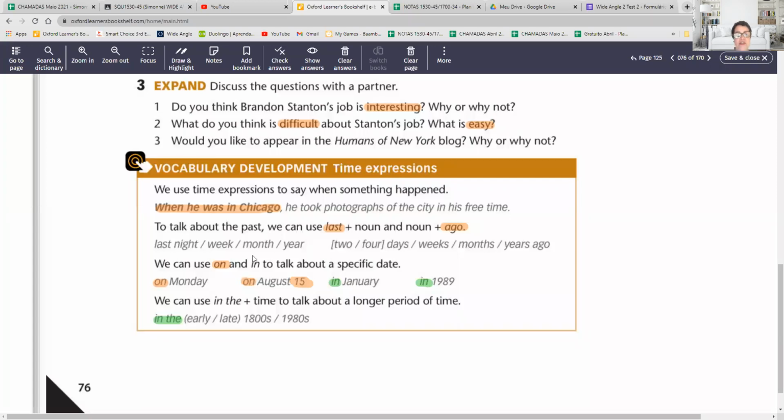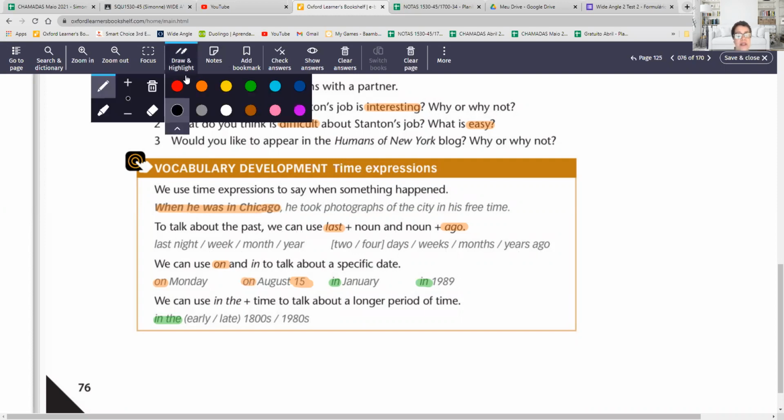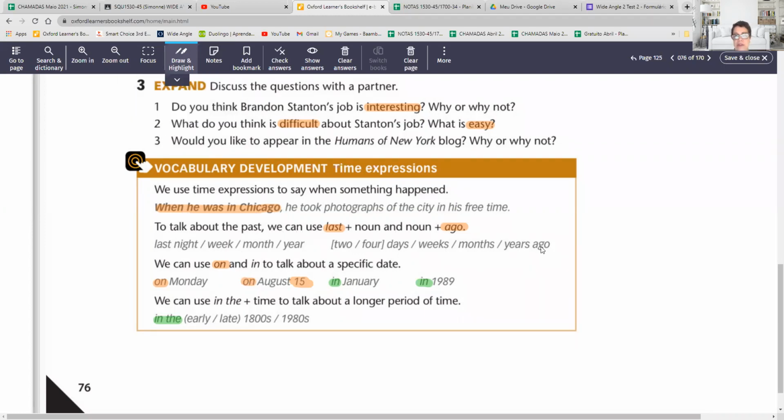Remember that? We saw some examples here, like when he was in Chicago, so and so happened. Last week, last night, last month, 2 days ago, 2 weeks ago, or any expression with ago, we'll talk about the past. It's referring to the past, okay?